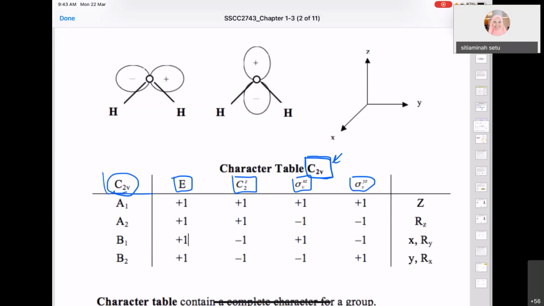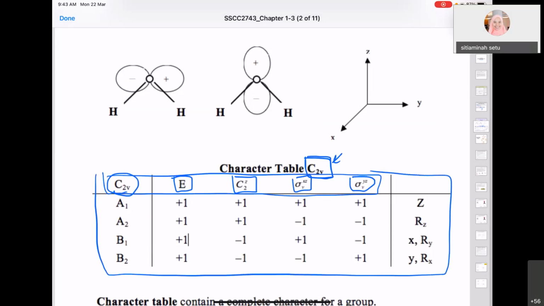Then the point group forms a character table. So this is the character table. It has +1, -1, and here it has A, B. What do these all mean? They describe the properties of water.